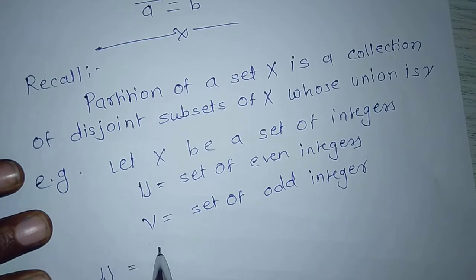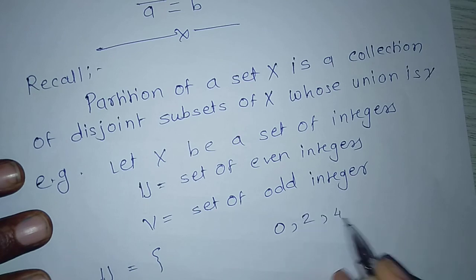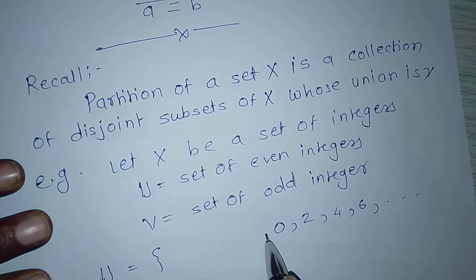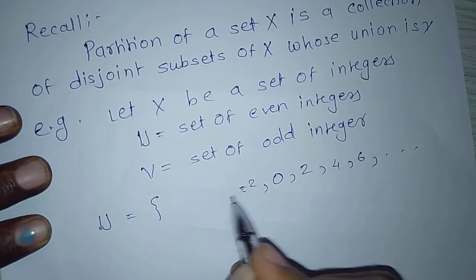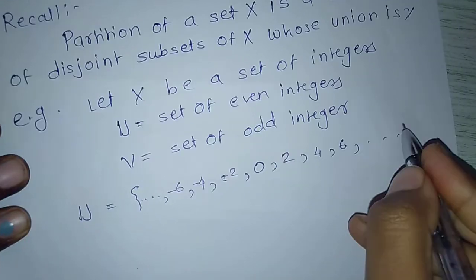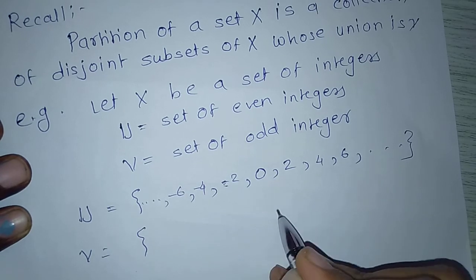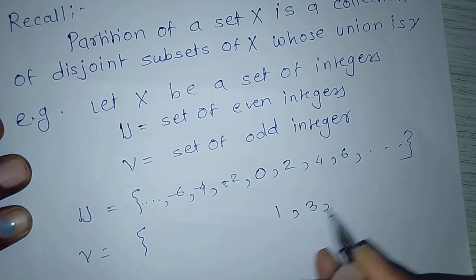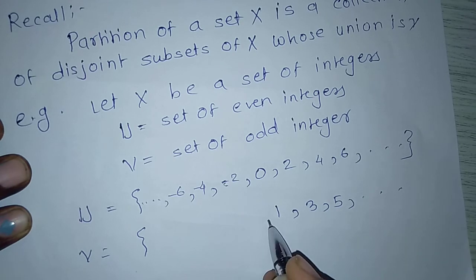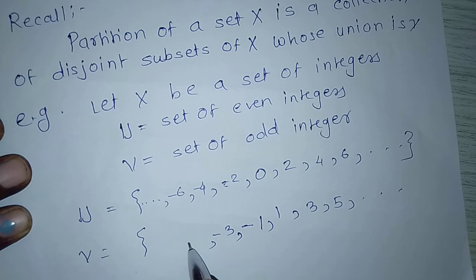Therefore U equals 0, 2, 4, 6 and so on, and from here -2, -4, -6 and so on. V equals the set of 1, 3, 5 and so on, and from here -1, -3, -5 and so on.